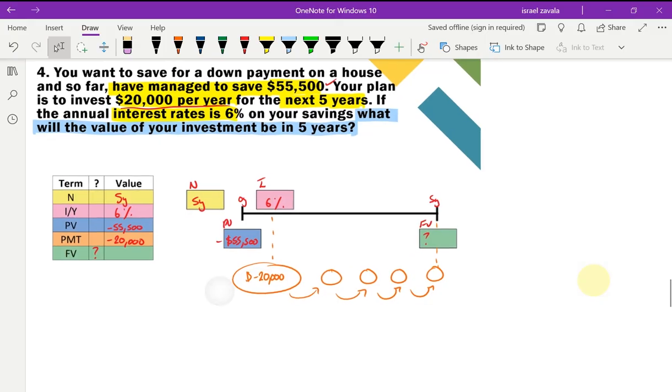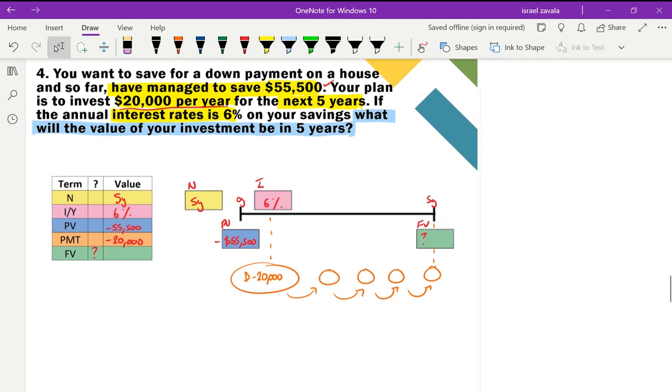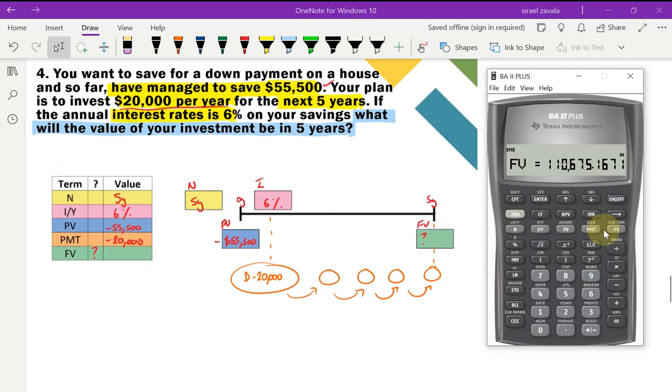All right, let's grab our financial calculator, clear the old work, left to right or top to bottom here. So 5 years at 6%. The present value is what we have on hand today to be invested, 55,500, right? And then we're going to put that to work, and we're also going to make $20,000 payments at the end of each year.